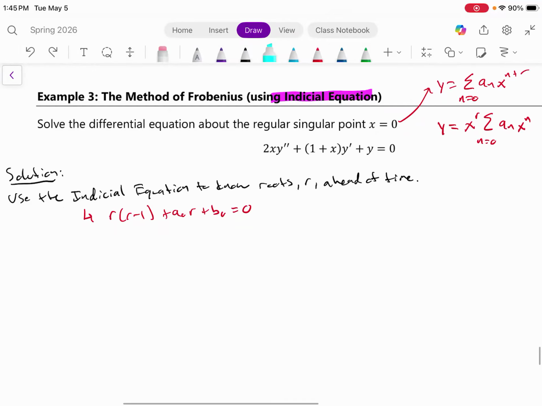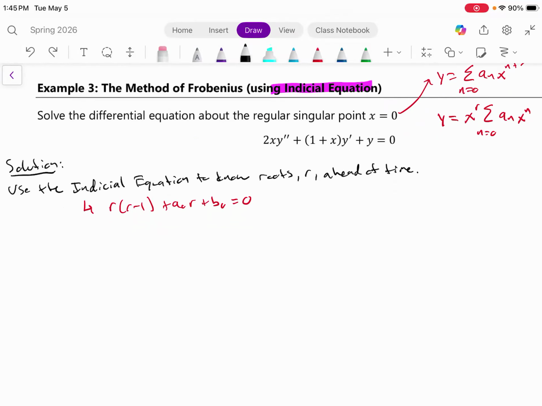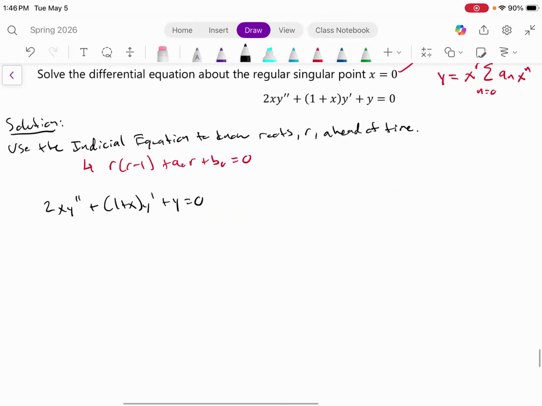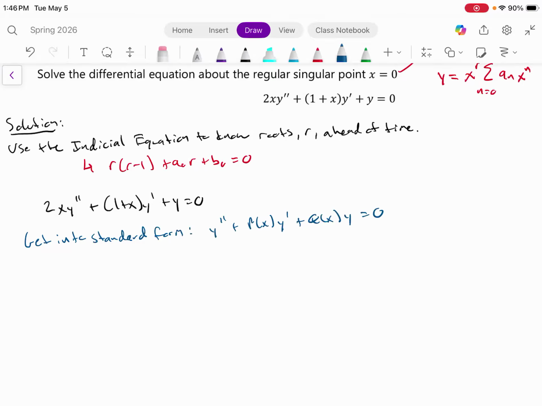And so the way to do that is take our differential equation, 2xy double prime plus (1 plus x) y prime plus y equals 0. And what we want to do is get this differential equation into standard form, meaning we want to get that y double prime naked, because standard form is y double prime plus P of x y prime plus Q of x y equals 0, so that we can figure out what P of x and Q of x are.